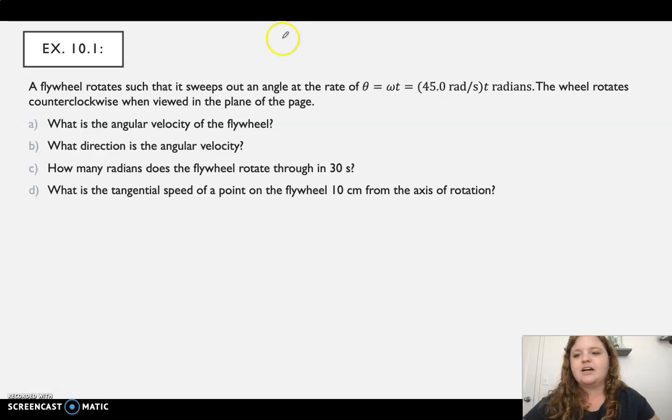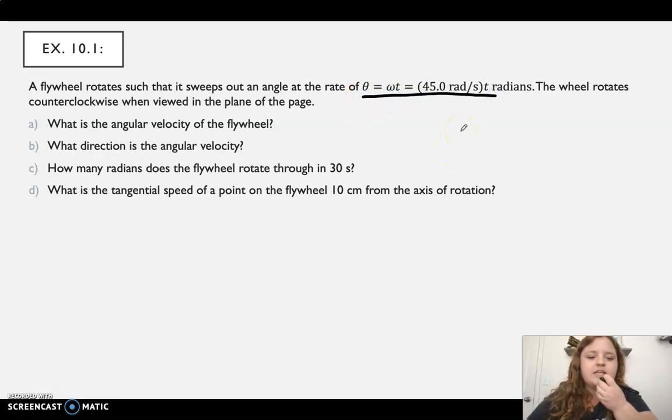This is example 10.1. It states a flywheel rotates such that it sweeps out an angle at this rate. So here's an equation here, in radians. The wheel rotates counterclockwise when viewed in the plane of the page. What is the angular velocity of the flywheel?